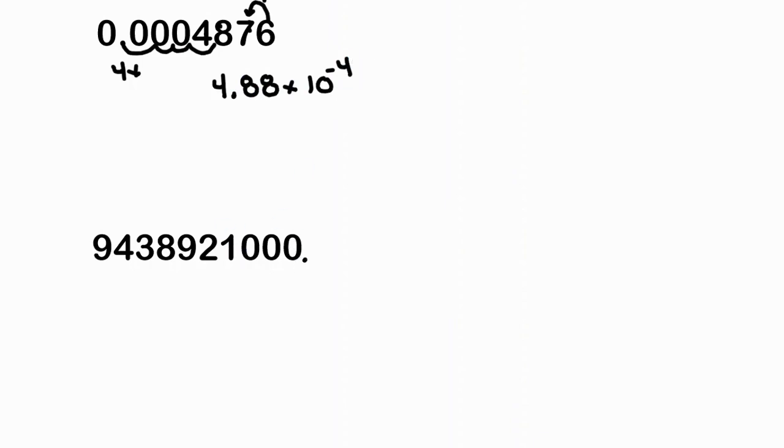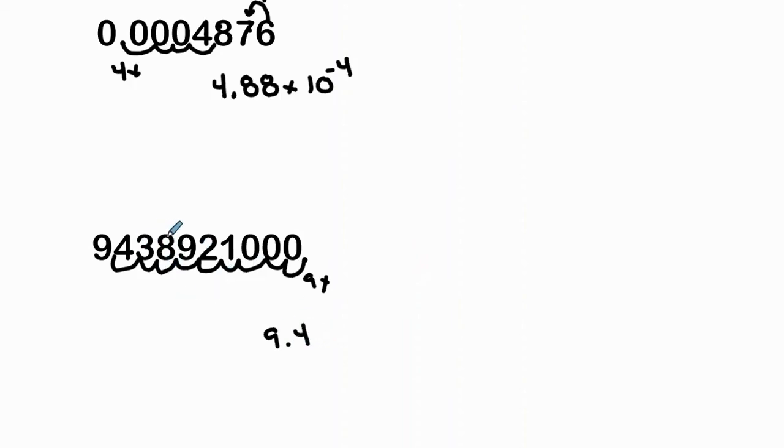This one, the decimal's on the end. It's a big number, so I'm going to move it left. 1, 2, 3, 4, 5, 6, 7, 8, 9. So I moved it 9 times. I have 1 non-zero number in front of the decimal, so this is going to be 9.5, 4 and 3 are also significant because they're non-zero, so 9.4.